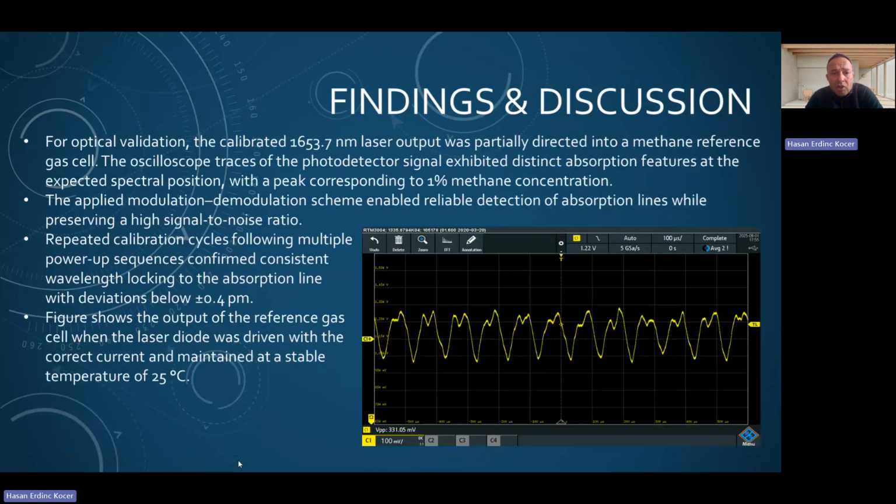For optical validation, the calibrated 1653 nanometer laser output was partially directed into a metal reference gas cell. The oscilloscope traces of the photodetector signal, and we get the ripples here, as you can see from the figure.